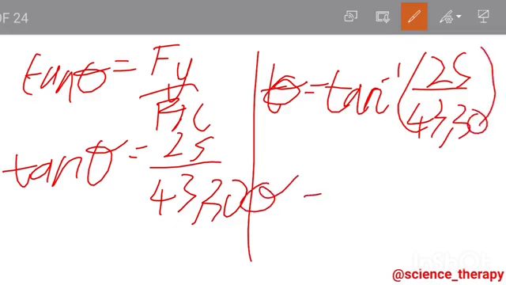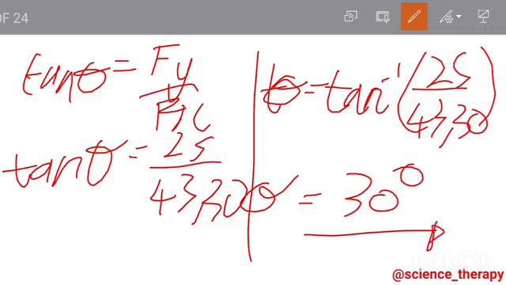If you punch that in your calculator, it must give you the 30 degrees that we were provided with. So 30 degrees, that's your solution. And we are done.